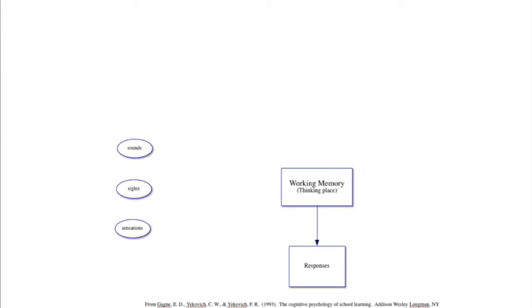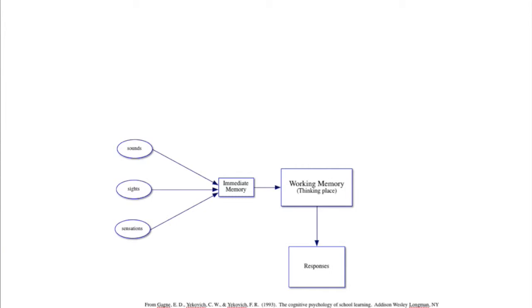And what has to happen if we're going to have a model that explains all this? We have to account for the fact that, although there are external places where information can enter our information processing system, it doesn't get in until it gets noticed.